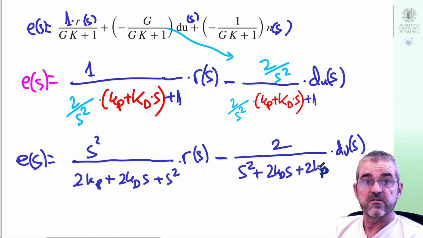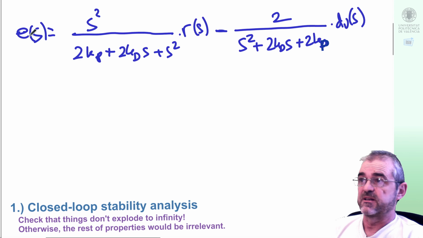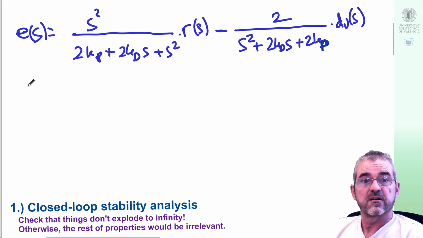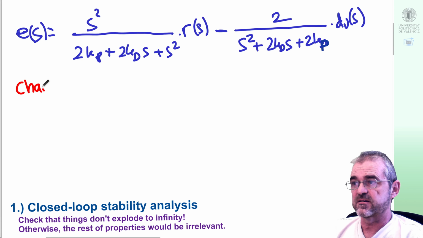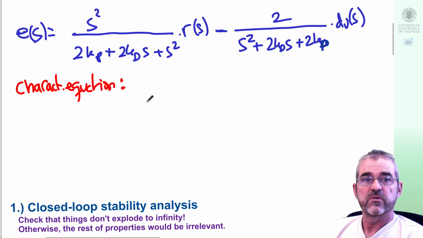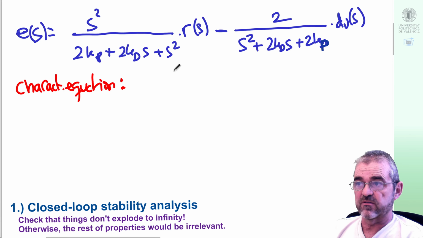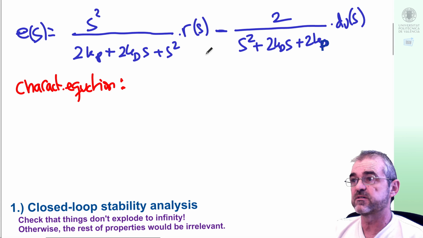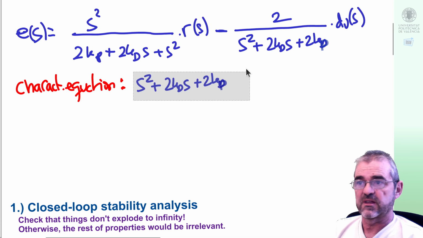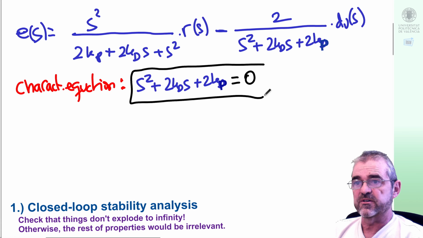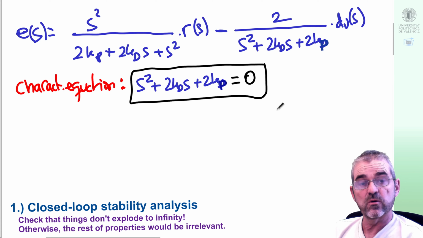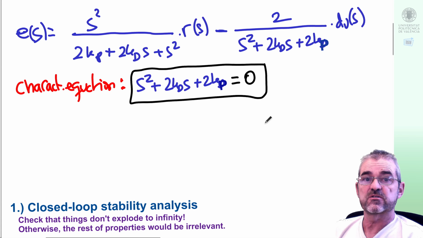And then the first thing we should analyze is stability. Stability means analyzing the roots of the characteristic equation, which means making the denominators of the transfer functions equal to 0, so this thing equal to 0 gives me the closed loop poles, the exponentials of the time response.